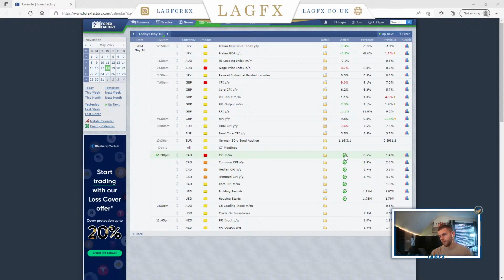Now, the more that this deviates away from it, the more volatility we can see introduced. So obviously, with the Great British Pound, we were saying that from the previous result, we've gone up 2%. So obviously, that's quite a big change. A great indication that inflation is increasing in Great Britain.